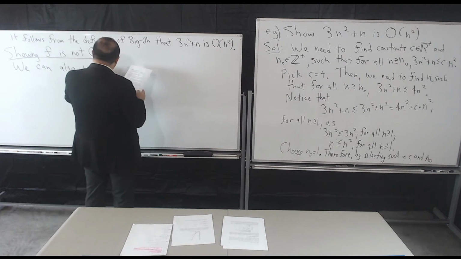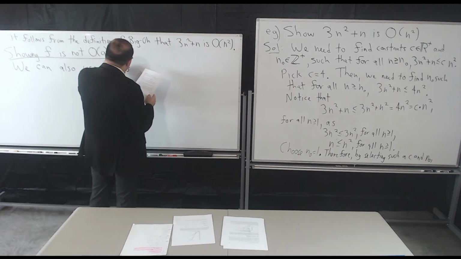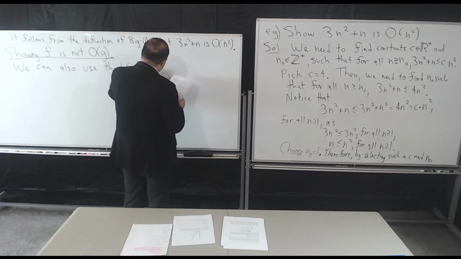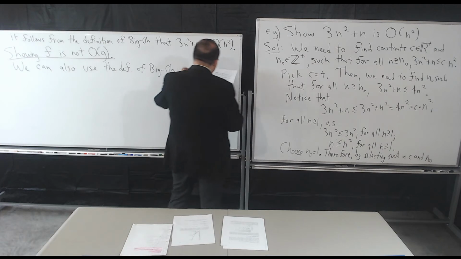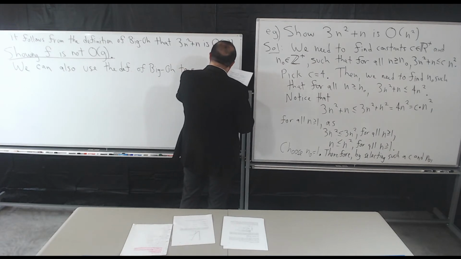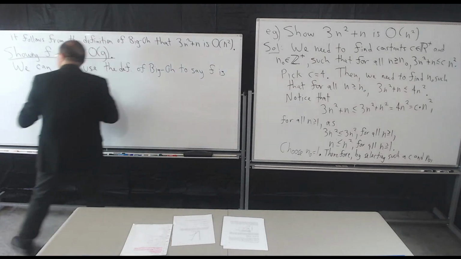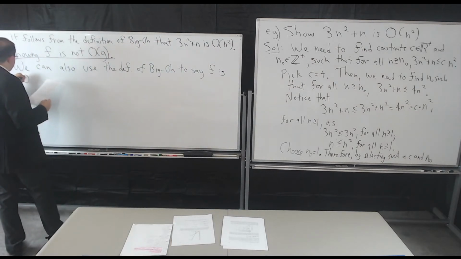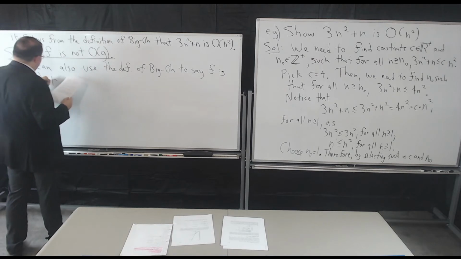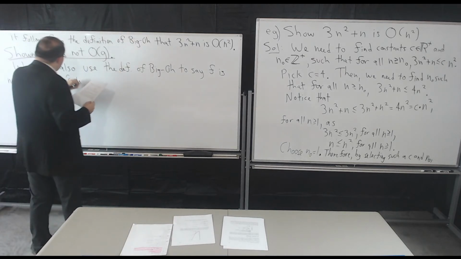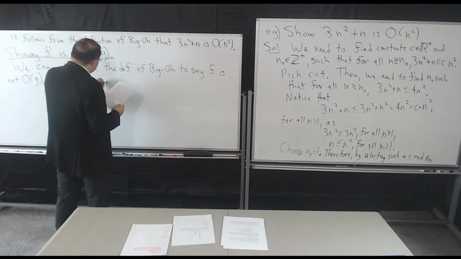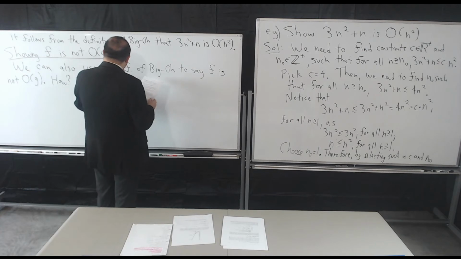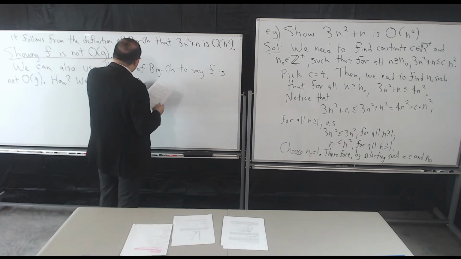We can use the definition of big O to say F is not big O of G. How do we do that? We negate the definition of big O.